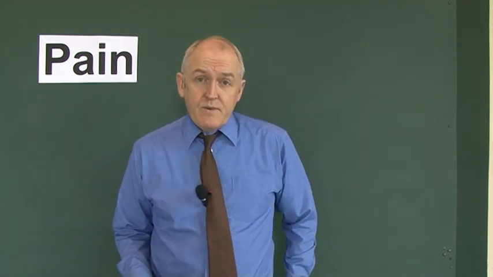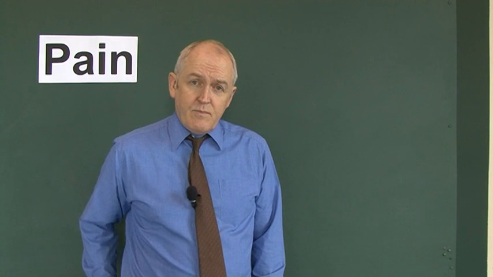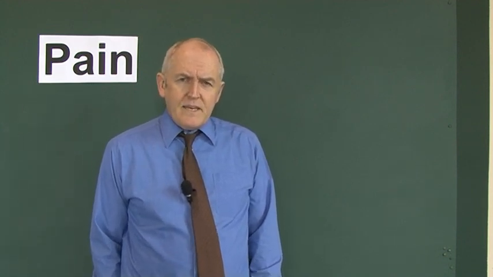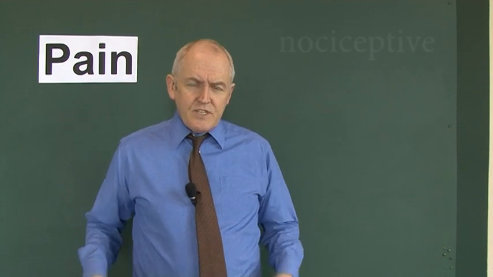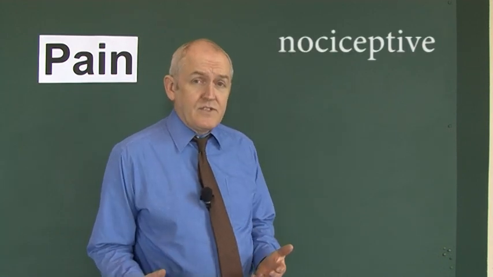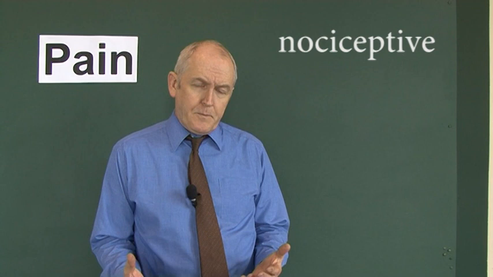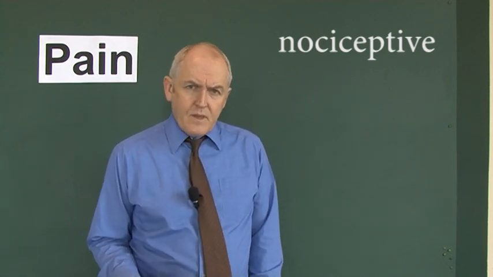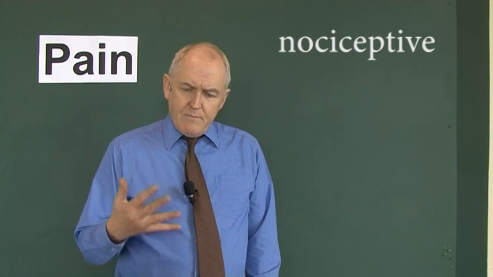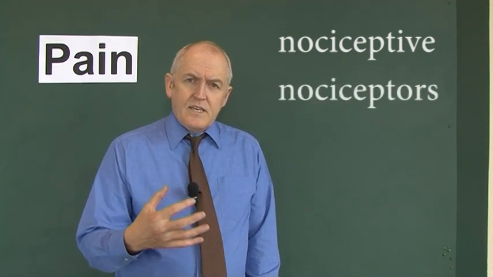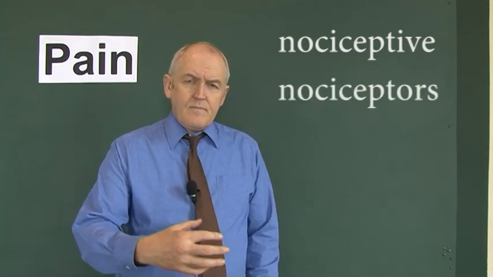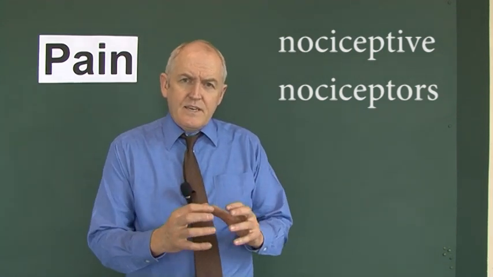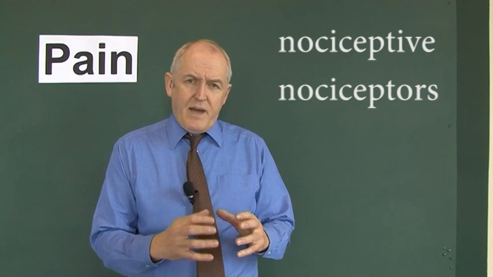So let's just start off with a bit of an introduction, and we'll look at some terminology and a few basic concepts. Now, one type of pain is described as nociceptic pain. So what do we mean by nociceptic pain? Well, the nociceptors are free nerve endings in tissues, connected up to the central nervous system, that are sensitive to pain.